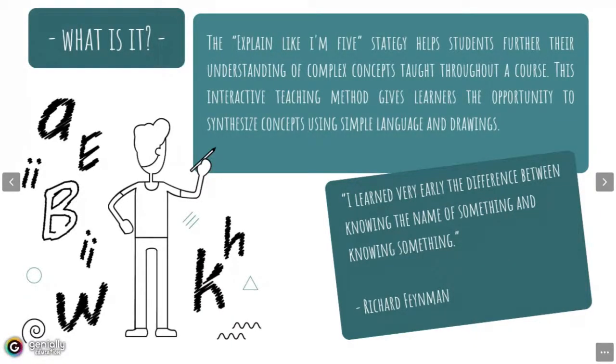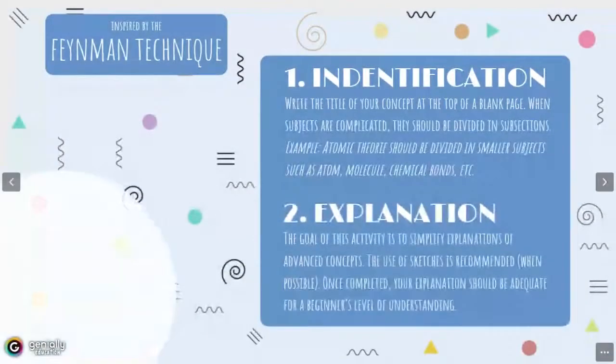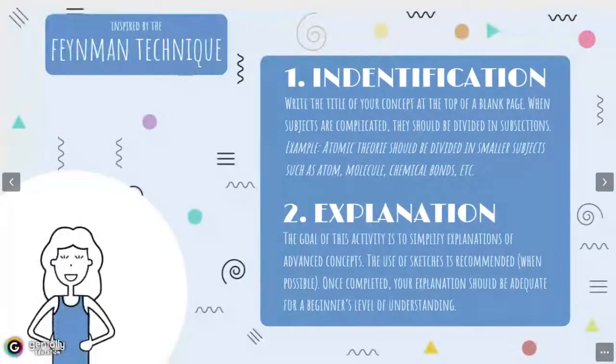I based myself on the Richard Feynman technique. Richard said a lot that it's not enough to just copy down the information or the class notes and know the definition by heart. Students really need to understand it, how to apply it, and when to apply the information.